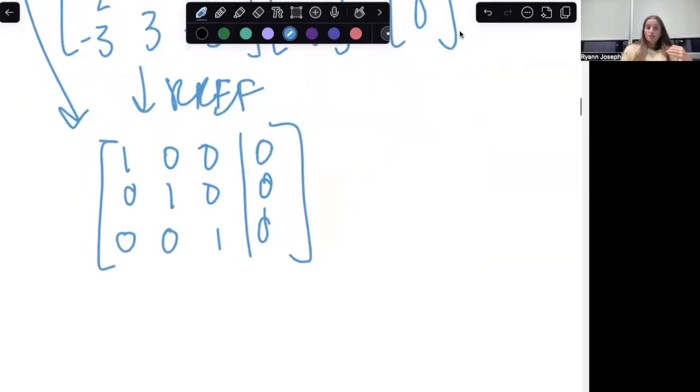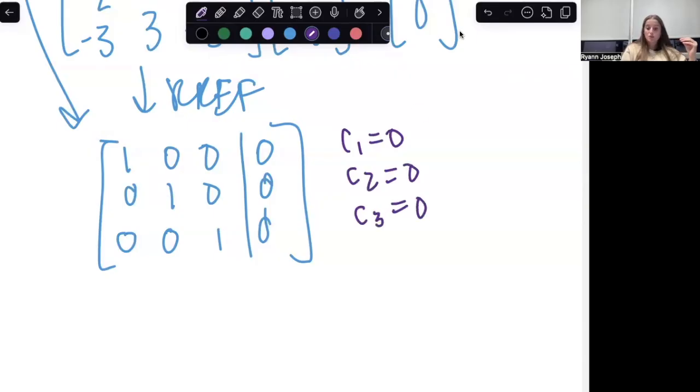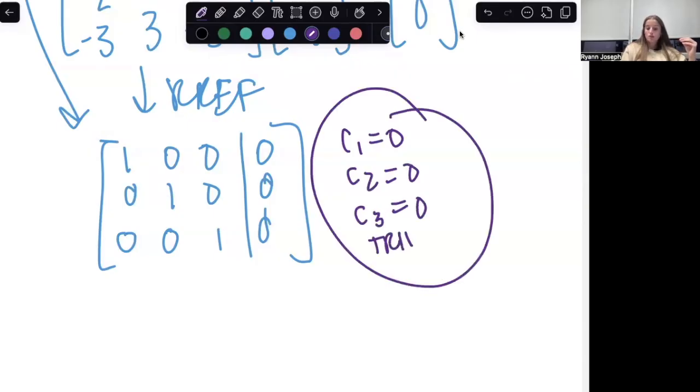This tells me that the solution is unique, because it's the identity matrix. There's only pivot variables, same thing we talked about in 2.1. The unique solution is C1 equals 0, C2 equals 0, C3 equals 0, which, if you remember, is the trivial solution.